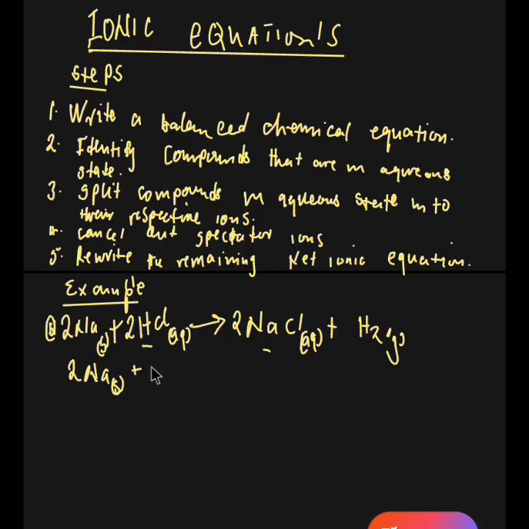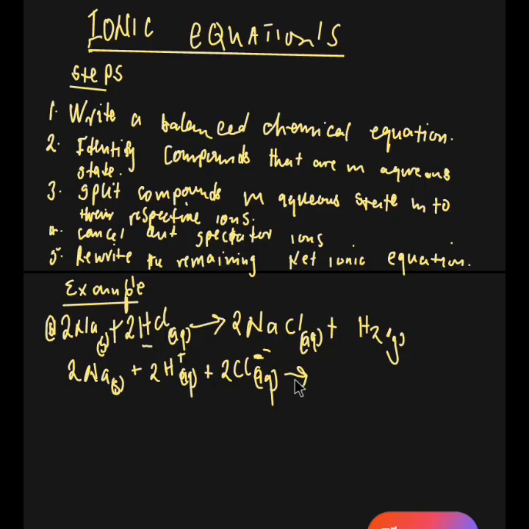So we have 2 atoms of hydrogen. So hydrogen, when we split it, it is going to be hydrogen ion, which is in aqueous state. Then we also have 2 atoms of chlorine, so the name changes to chloride, which is negatively charged. This one also is in aqueous state.